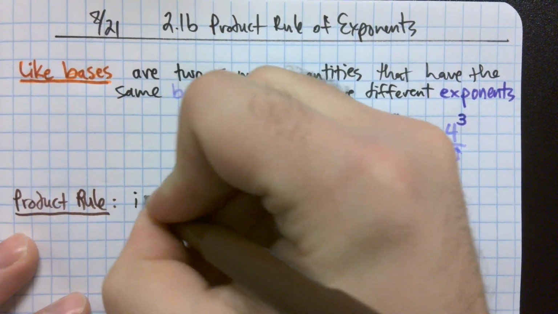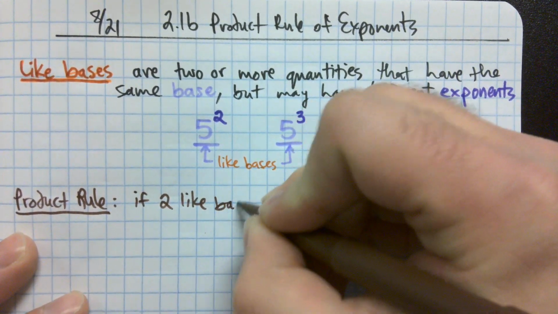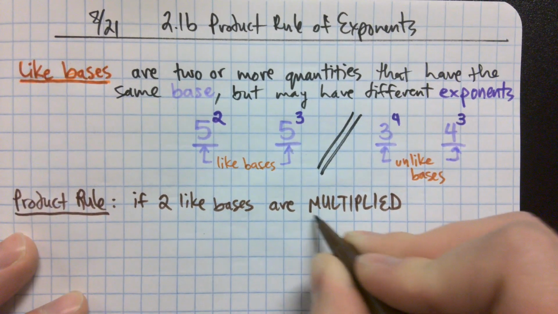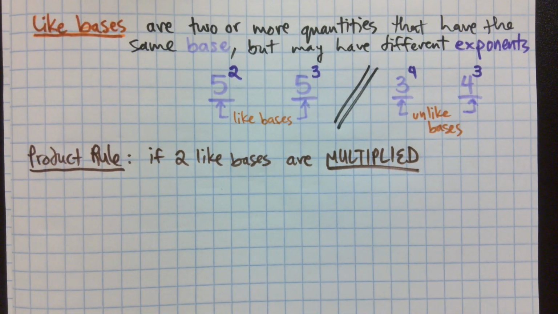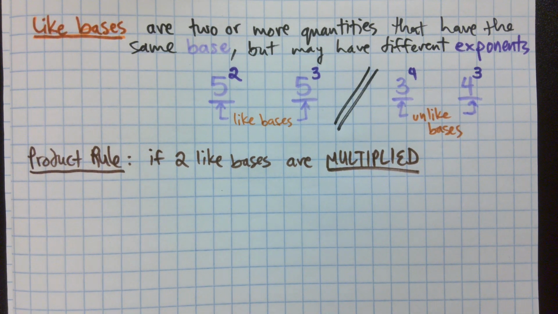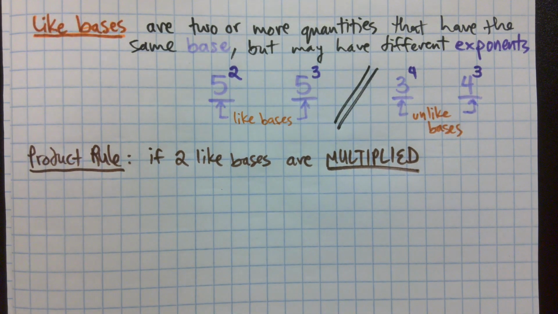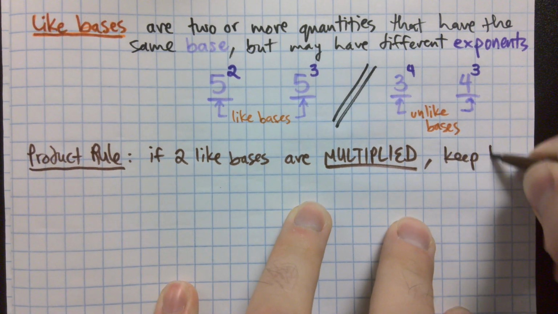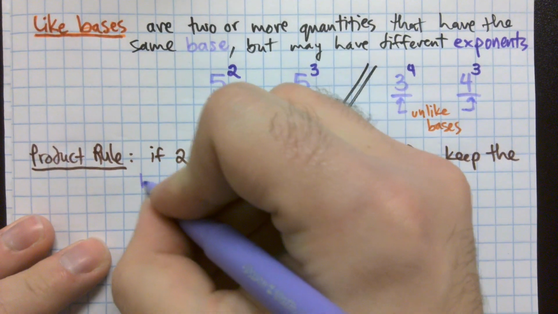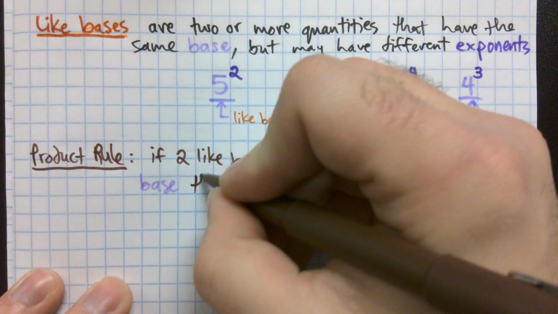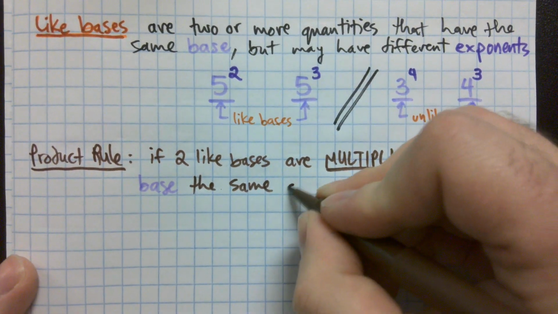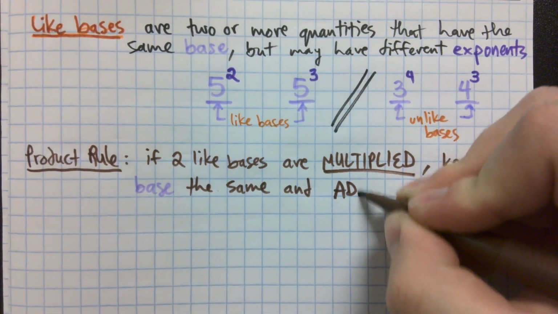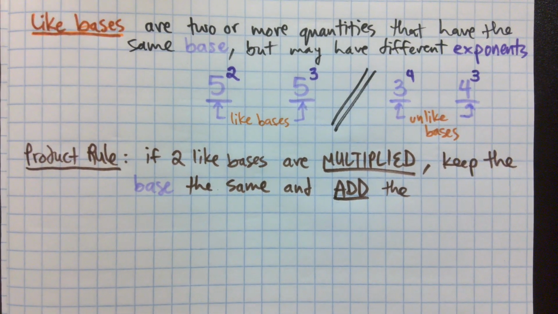The product rule says that if two like bases are multiplied, emphasis on the multiplied, all you have to do is keep the base the same and add the exponents.